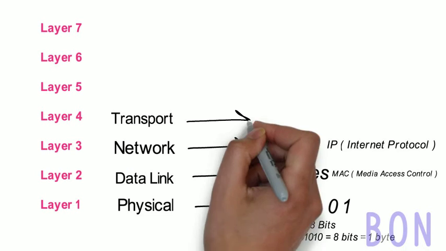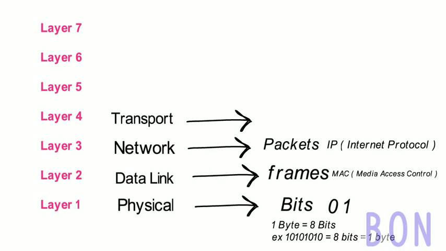The fourth layer is the transport layer. It uses segments, which means pieces of packets. The network layer sends the packets to other routers or to computers, but it doesn't care if everything inside reaches its destination. The transport layer does care, and we have TCP and UDP as protocols.